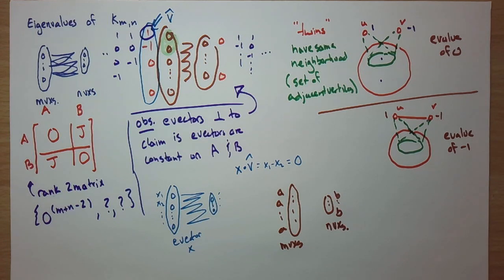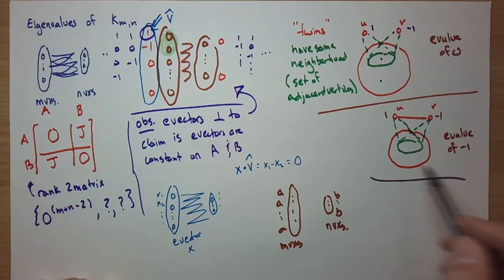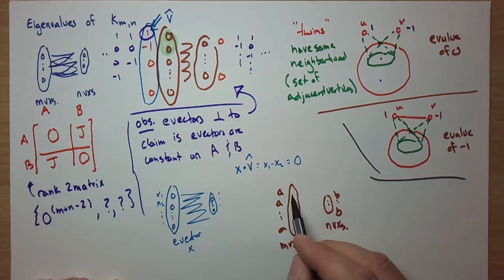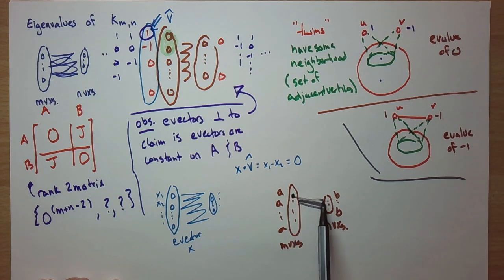Now let's just do our rule about what it means to be an eigenvector in terms of the adjacency. If I'm this vertex, I add my neighbors. What am I going to get? B times n, because I have n neighbors, each one has value b.